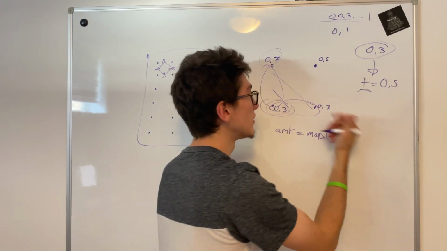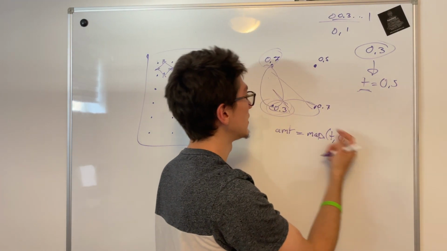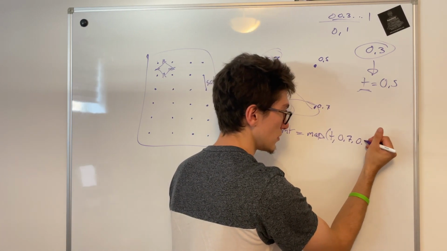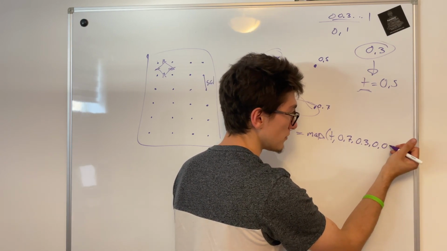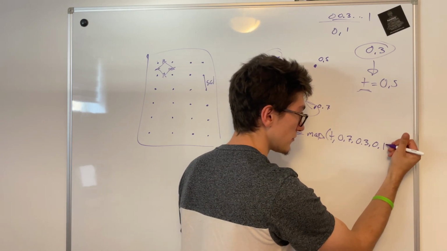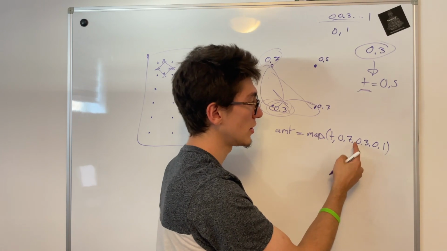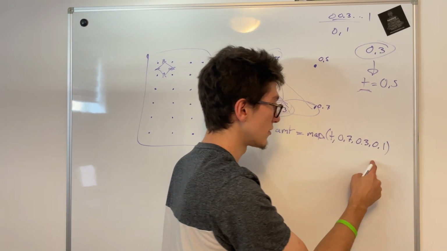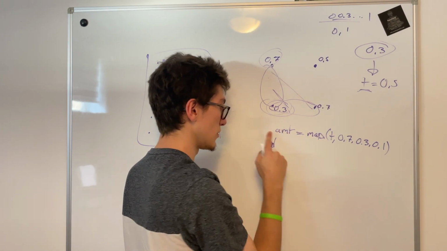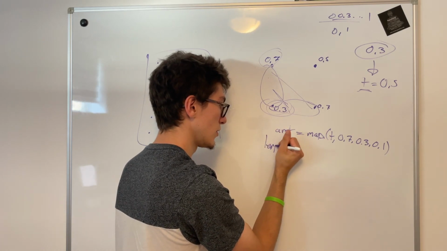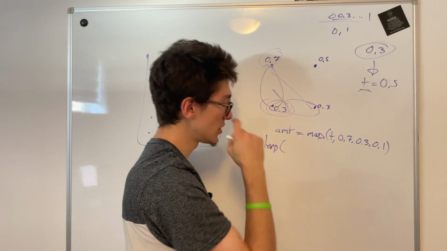So in this case, 0.7 and 0.3, which goes between 0 and 1. We want to remap it to 0 and 1. This would give us, in this case, t is 0.5, so we want to move to here and check 0.5 and then get the amount. And then we can lerp. So lerp, well, let me erase this, lerp. And this would be like, let's say, y to add to this y, lerp.